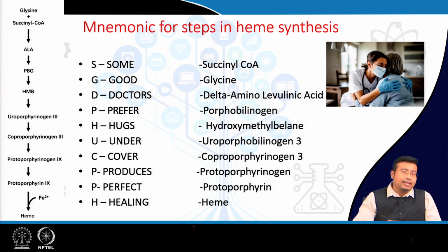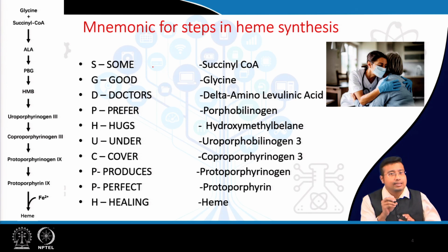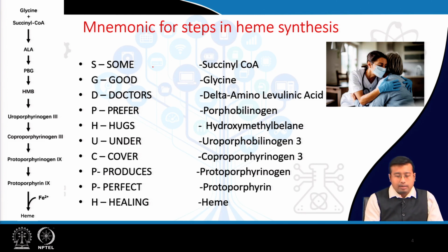The mnemonic states: some good doctors prefer hugs under cover produces perfect healing. I have given an illustration diagram, and this concept is actually very important, where a doctor hugs his patient. It has been depicted in many Bollywood movies, Munna Bhai MBBS for example, Jadoo Ki Jappi. But if you can relate this mnemonic and the initials, you can easily remember the products that come in succession, one after another.